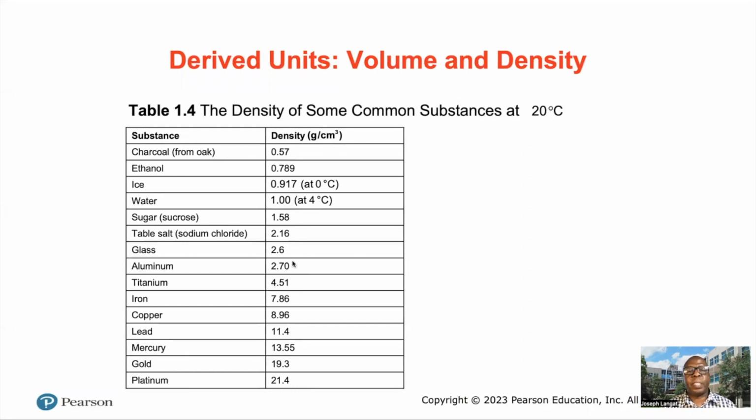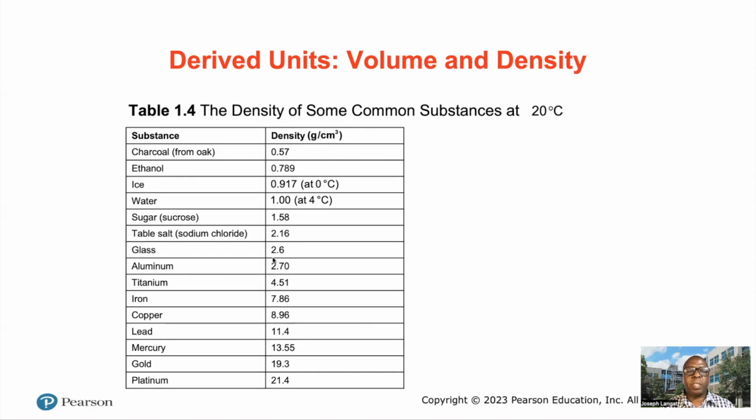You don't need to memorize these, but sometimes some experiments are designed in such a way that you go to the lab, you record the mass of a known object, determine its volume, and then using the density equation, you can identify an unknown object based on the given literature values for their densities.